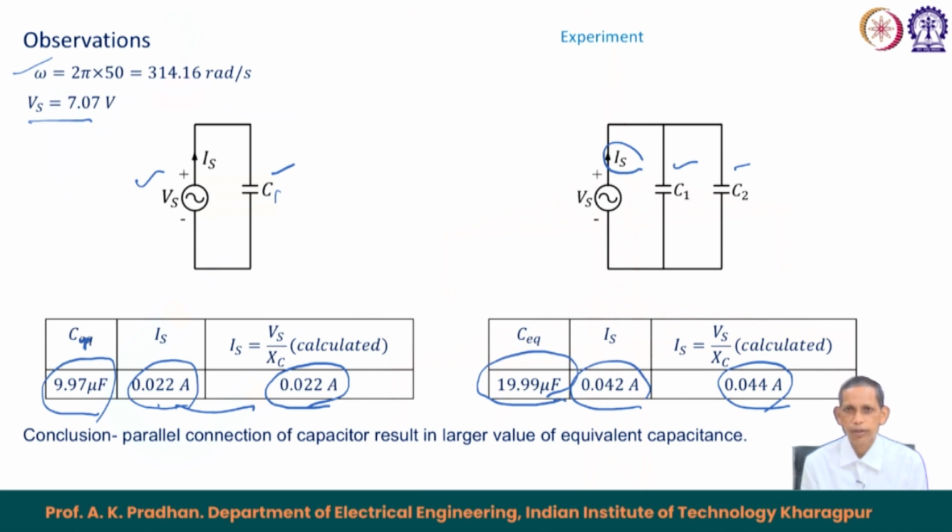So, we see that if the C1 and C2 values happen to be the same, then the C equivalent happens to be 2C, and thereby the equivalent Xc happens to be half of the X for the C1 case. So, we see that current increases when the combination is parallel.